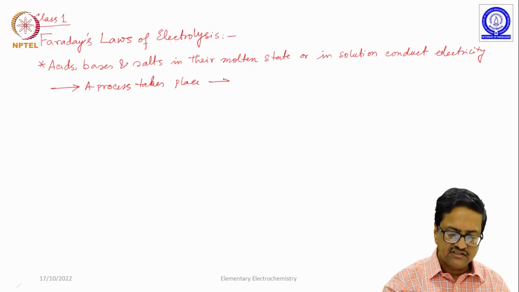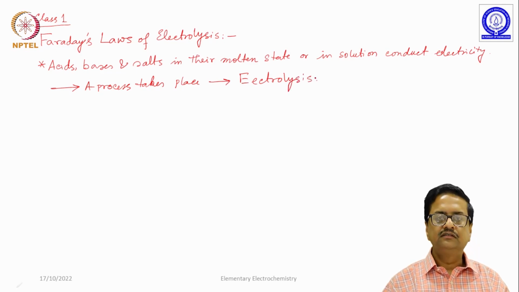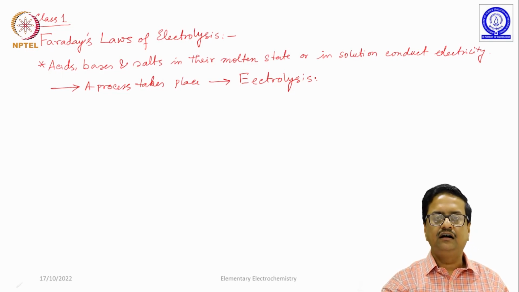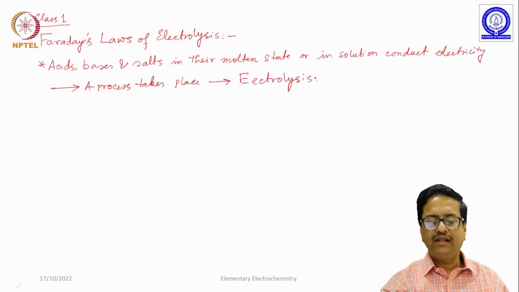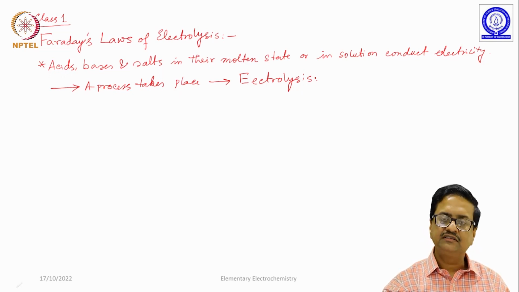And that process is called electrolysis. So, electrolysis is a process where, using electricity as a source of energy, one can break and generate individual components of a given compound.